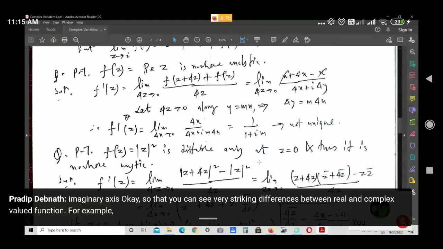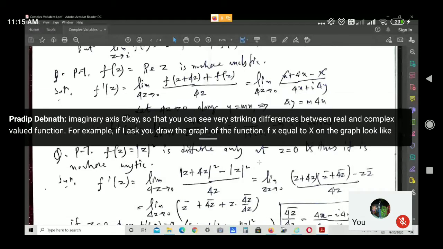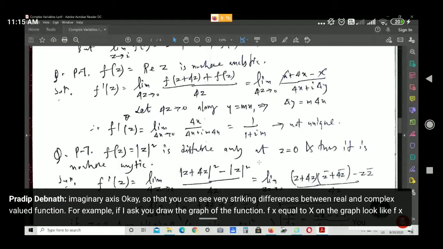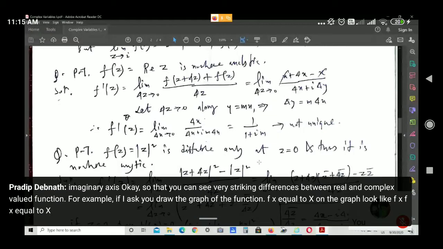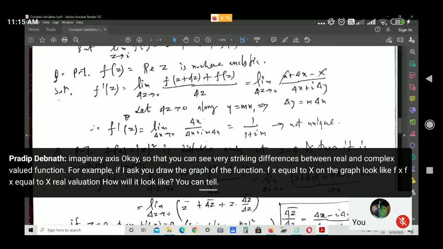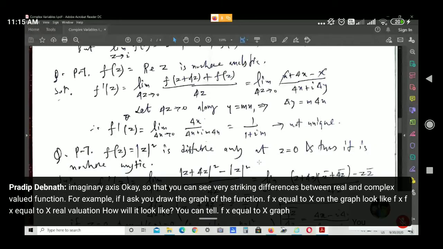For example, if I ask you to draw the graph of the function f(x) equal to x, how will the graph look like? f(x) equal to x, a real valued function. Anyone can tell?